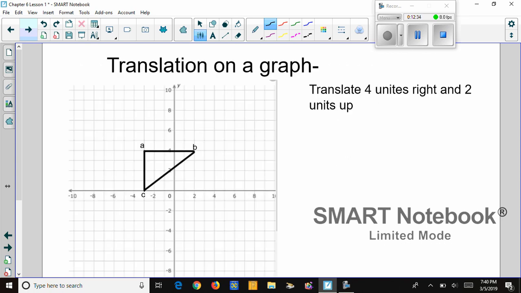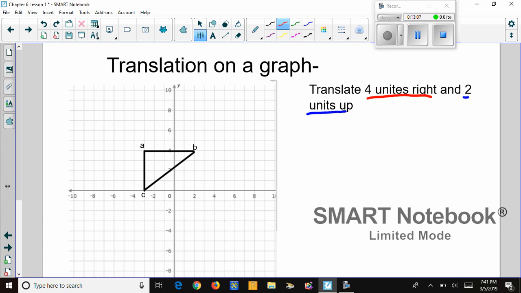Let's look at how we can do a translation using a graph. I have my pre-image triangle ABC, and I want to move it 4 units to the right and 2 units up. What I would like you to do, and this is just how I show my students, is I'm going to actually count out on the graph where my new points should be.